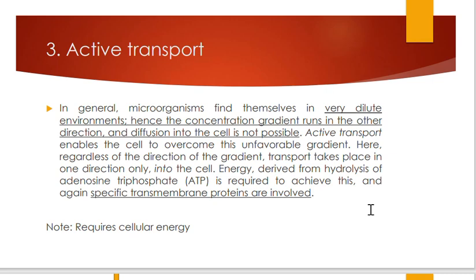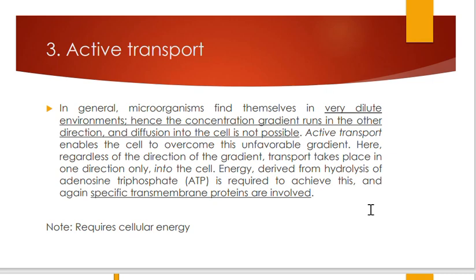Okay? So, for example, you can find microorganisms in, apologies, I cannot give one example for that. But you can find microorganisms in a dilute environment na hindi saturated. Okay?